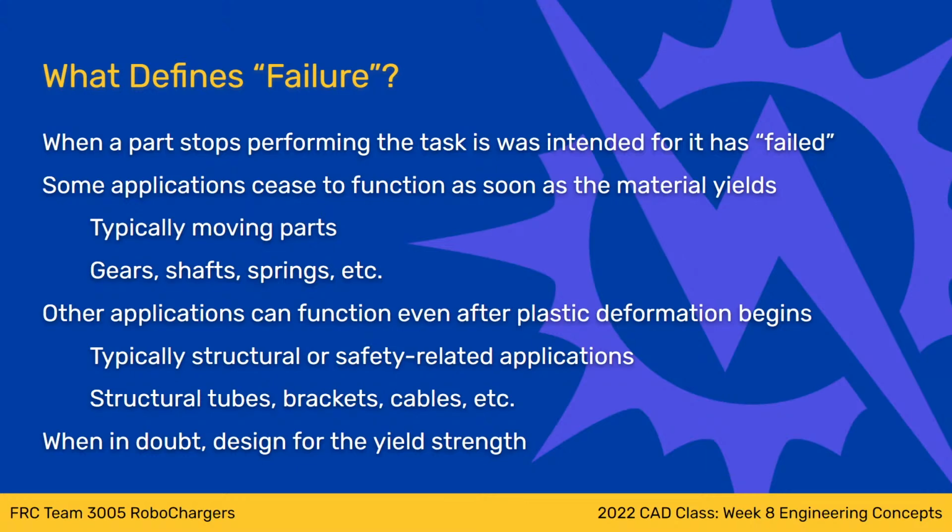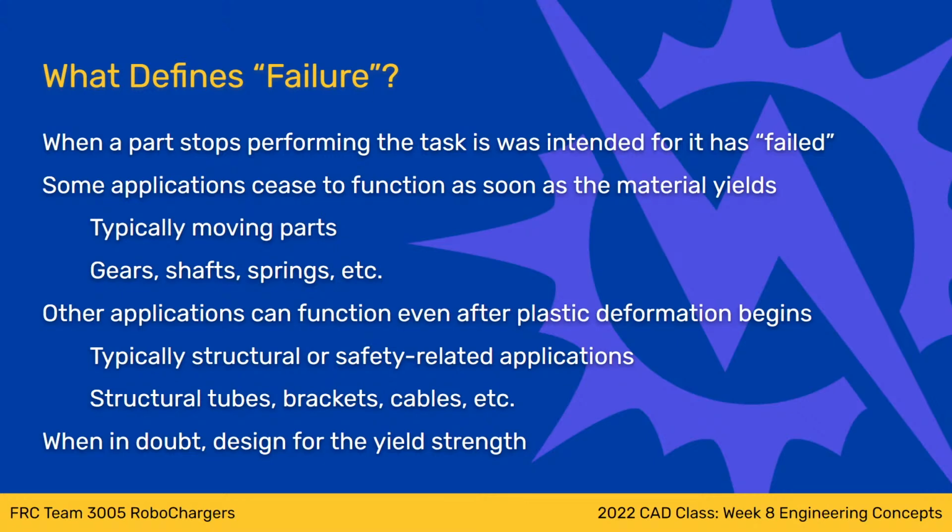However, if that fails completely and exceeds the ultimate strength of the material, and you drop something, that's very bad. And so, generally speaking, for safety-related applications or structural applications, evaluating your parts based on plastic deformation is actually also useful.